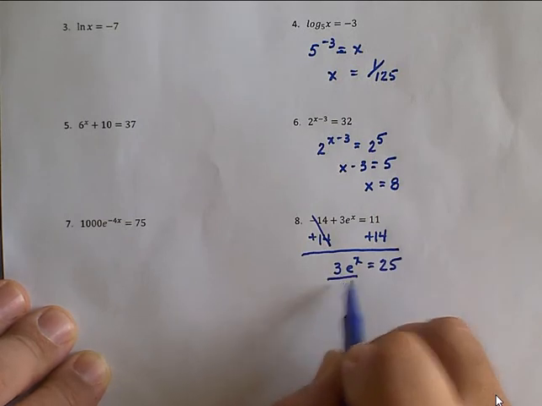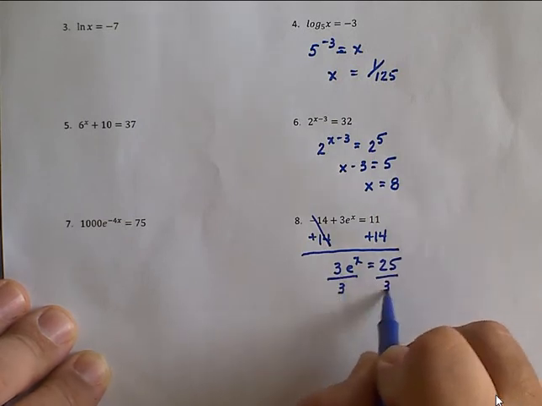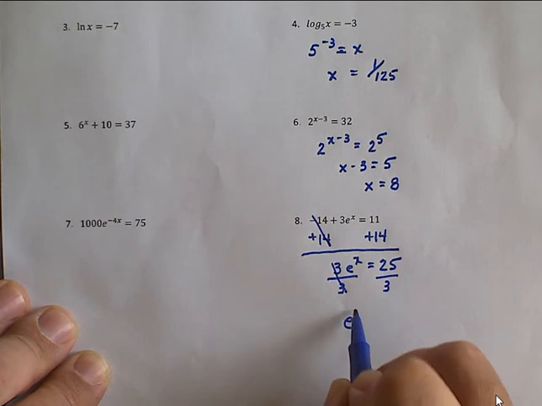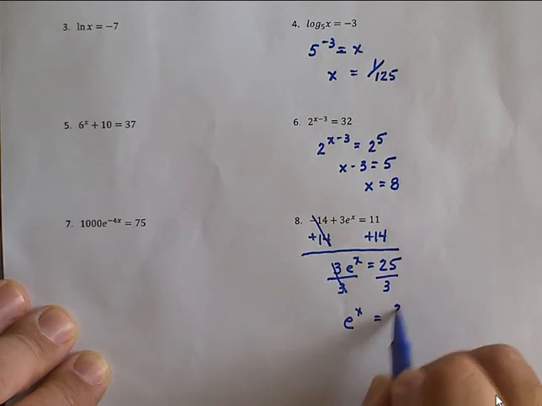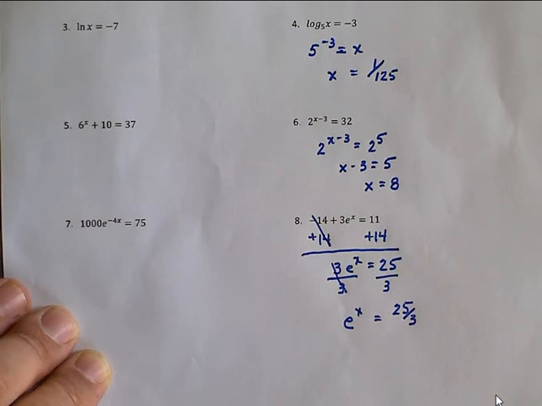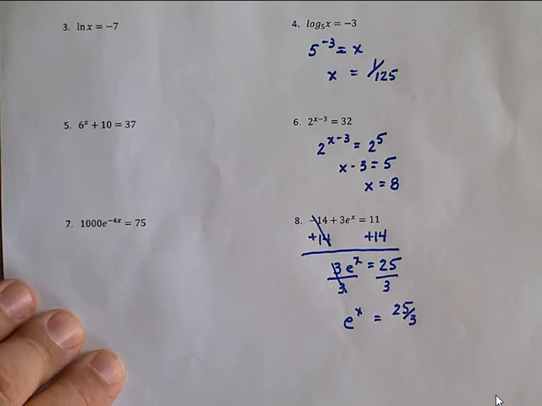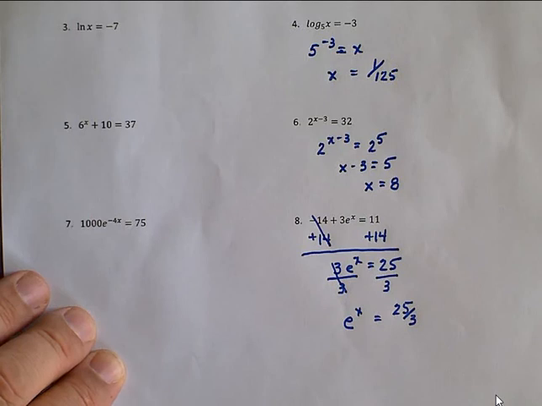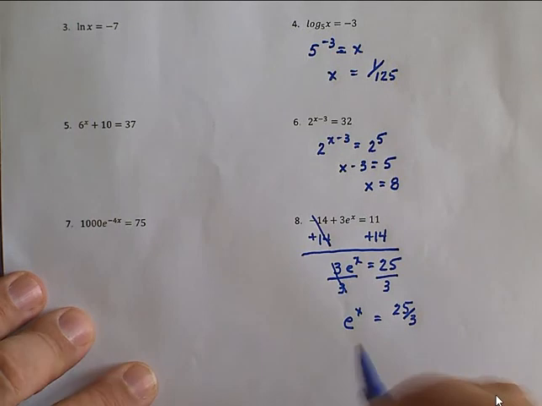Divide by 3. Divide by 3. So you get e to the x equals 25 thirds. And now here's my problem. How do I get rid of that e? Well, in the previous section, we said that when there's only one e like that, to get rid of it, I need to take its natural log.